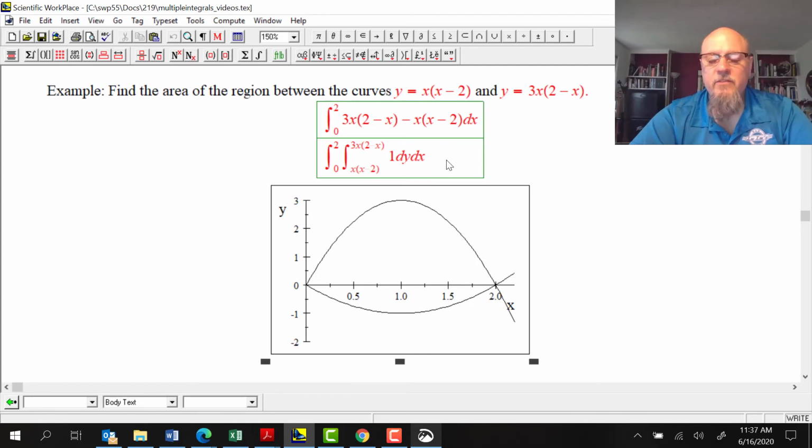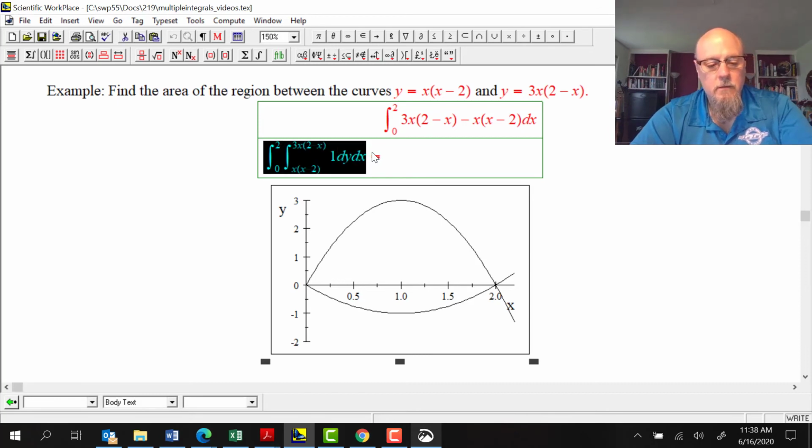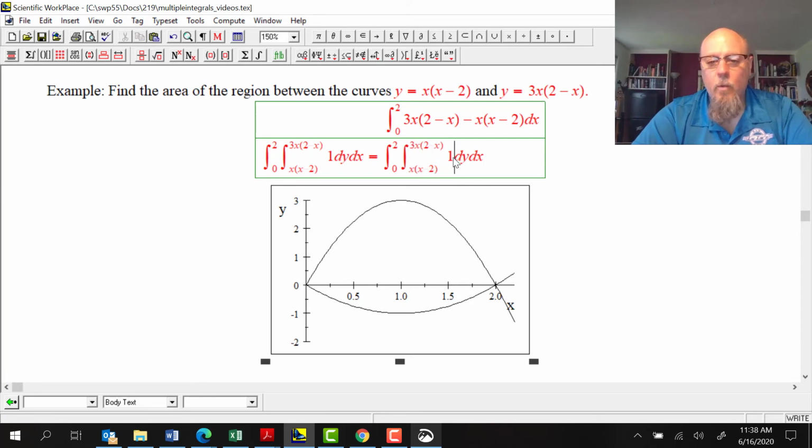So here, this is now written as a multivariable integral. But of course, when I do my first integration, I'm integrating 1 with respect to y. I get y. So let's just do this then. When I integrate the 1, I get y.